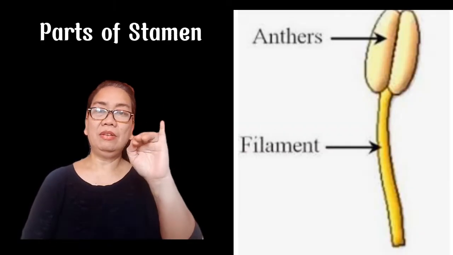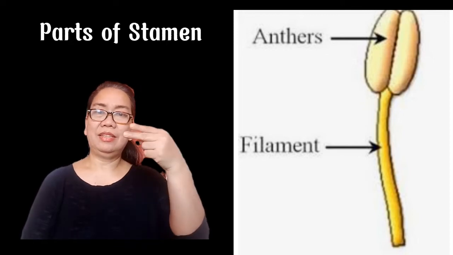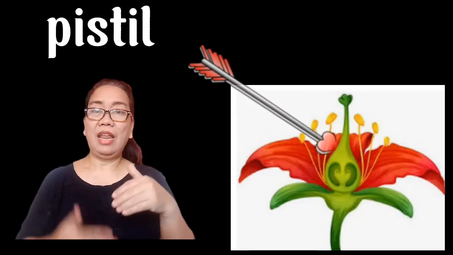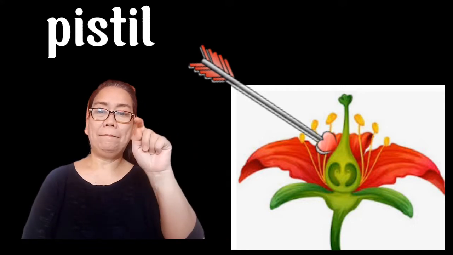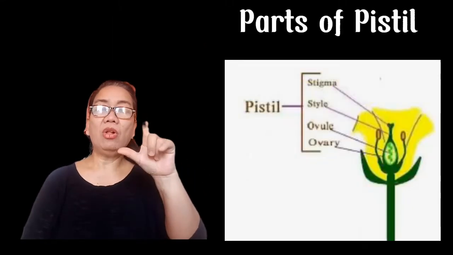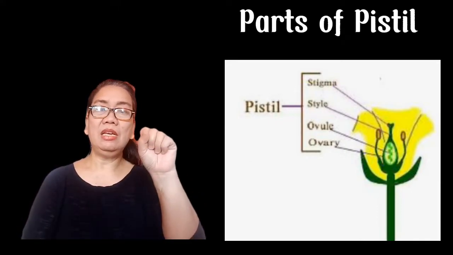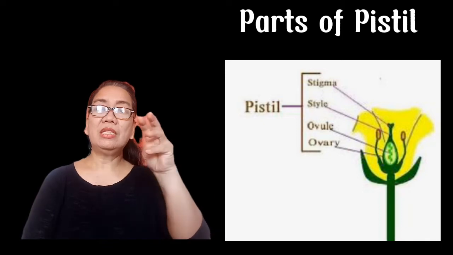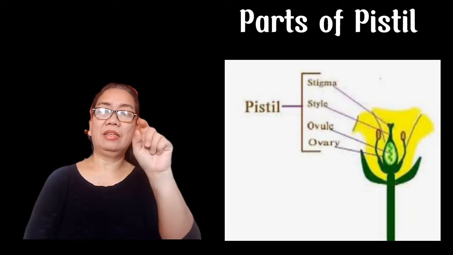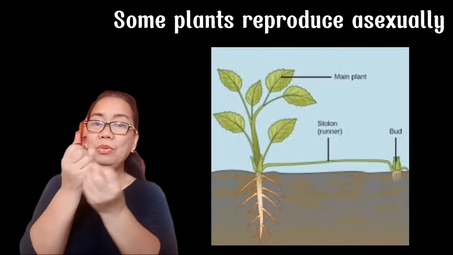These are the filament and the anther. And the next is pistil. Now, pistil also has different parts. These are the stigma and style.